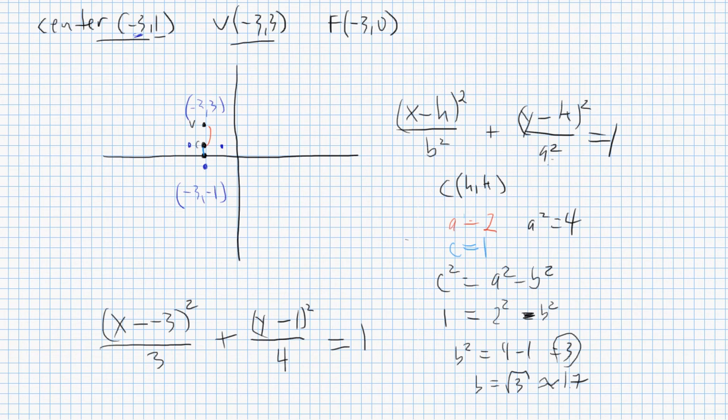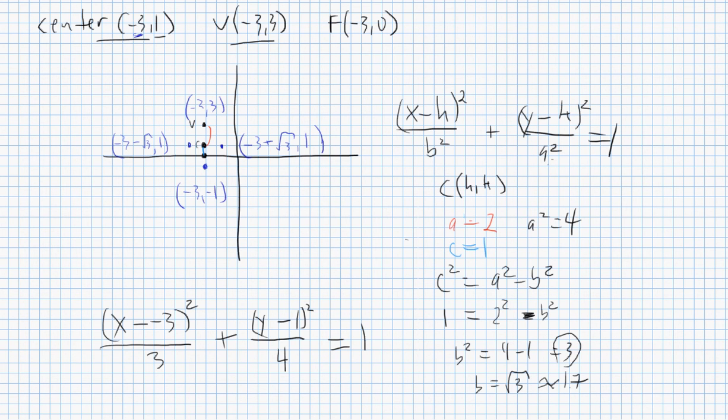So this point is going to be (-3 minus radical 3, 1). And then this point, since we're adding, is going to be (-3 plus radical 3, 1). And those would be the formal coordinates for those two points.